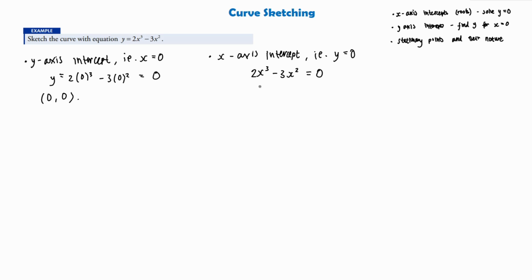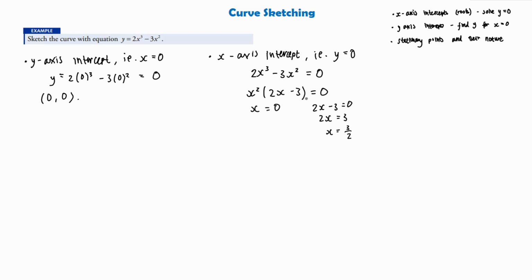So to find the x coordinate, we can start by taking out a common factor of x squared, and we'll get 2x minus 3 equals 0, and from this we can see that x is going to be equal to 0, because we'll have x squared is equal to 0, or x is equal to 0, and we'll also have that 2x minus 3 is equal to 0, which gives us 2x is equal to 3, or x is equal to 3 over 2.